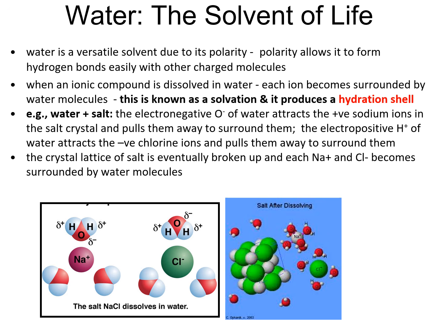So eventually all sodium and chloride ions are pulled away from the crystal lattice structure and surrounded on all sides by water. Each of those ions will be surrounded by a hydration shell. This is the process of dissolving, or solvation.